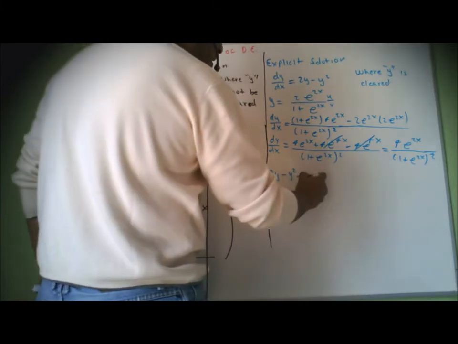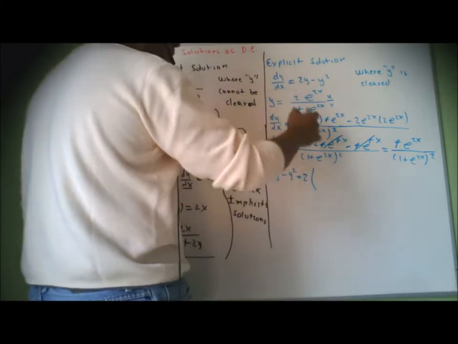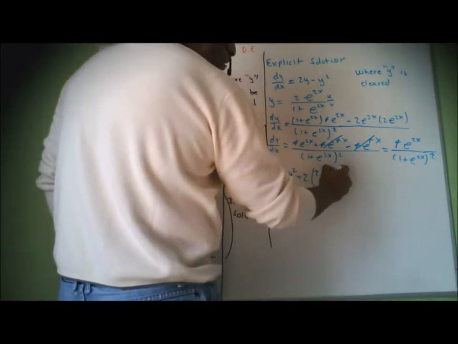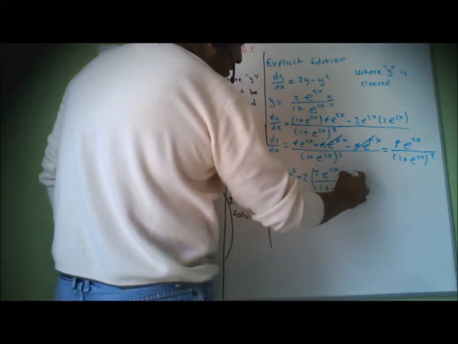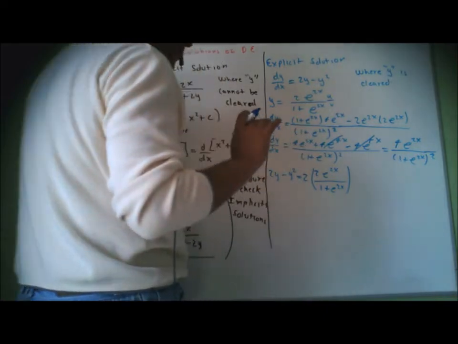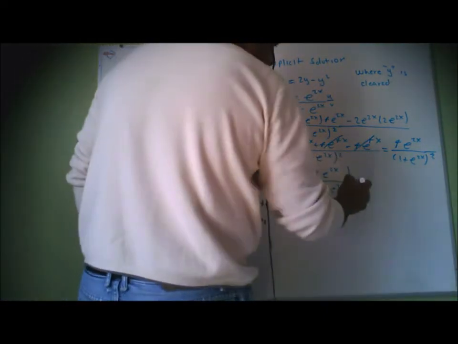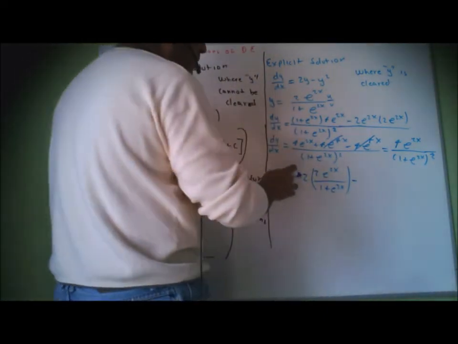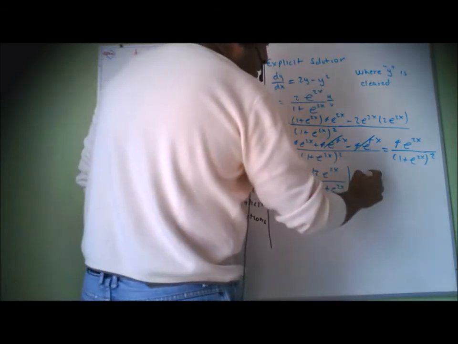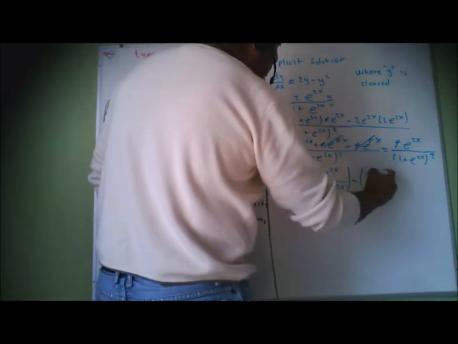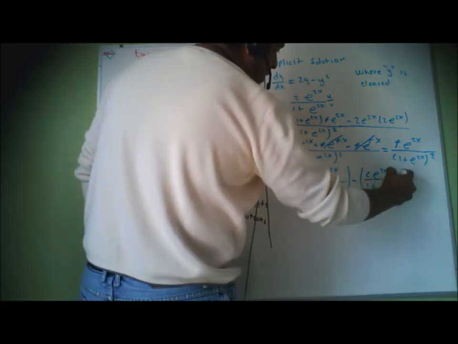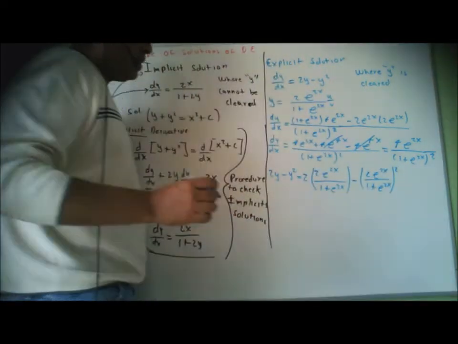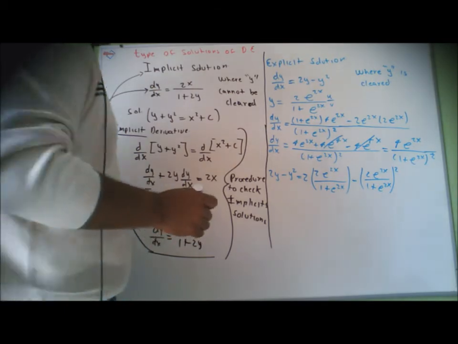You have to do 2 times the y, this one: 2 exponential of 2x divided by 1 plus exponential of 2x, and that's it. And then minus the same solution squared. So it's going to be 2 exponential of 2x divided by 1 plus exponential of 2x, and then square. Okay, let's see what happens here.